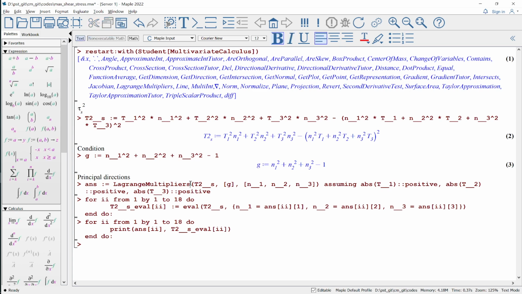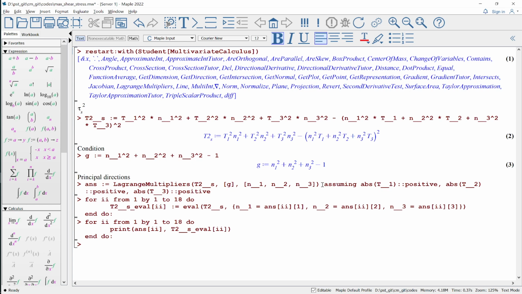So then we have the Lagrange multipliers, where we have to pass our function, and then we put the condition, because we might have more than one condition, so we put it into these brackets, and then we have n1, n2, and n3, because in Lagrange multiplier lambda is not important, so it does not affect our solution.